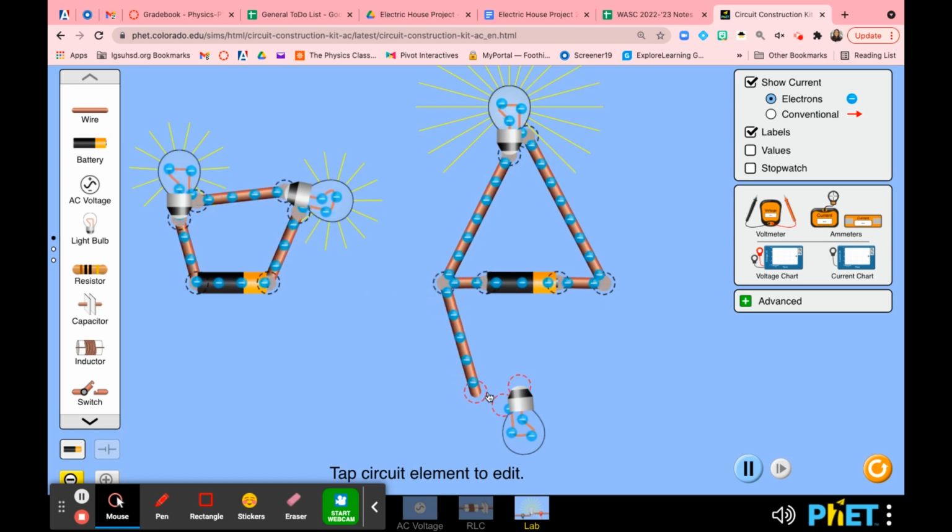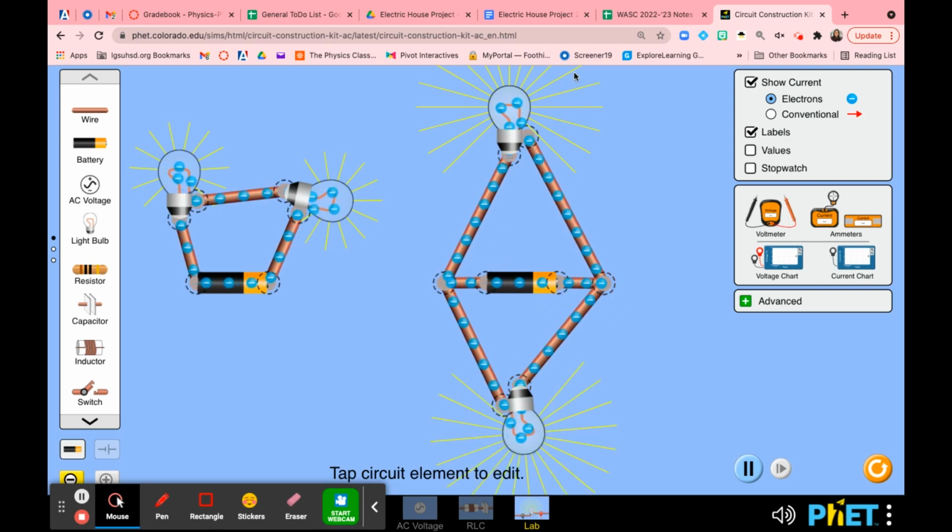And you're going to make some observations about the brightness of the parallel versus series, so those lights represent the brightness. And then you're going to make some comparisons in terms of the voltage and the current.